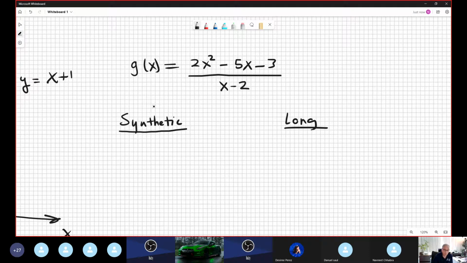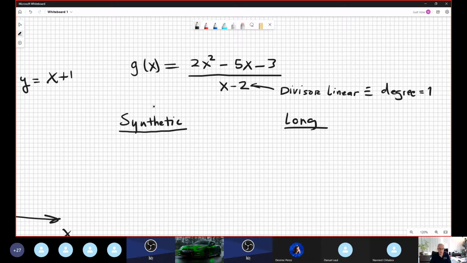Yes, we can. What is the reason that we can? Because the divisor is linear. Linear means, guys, degree 1.